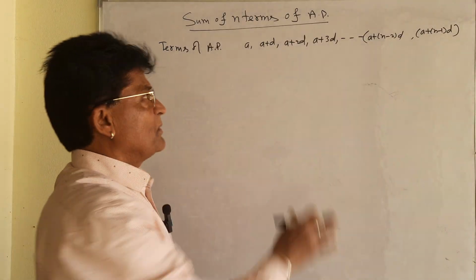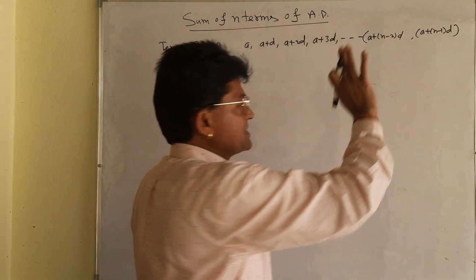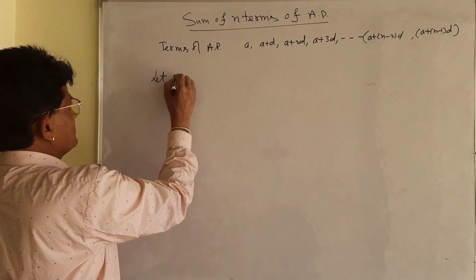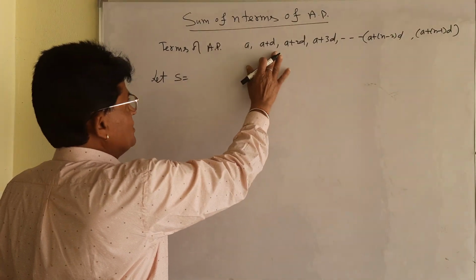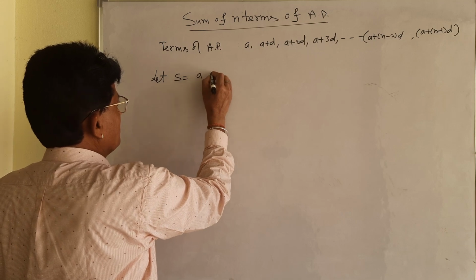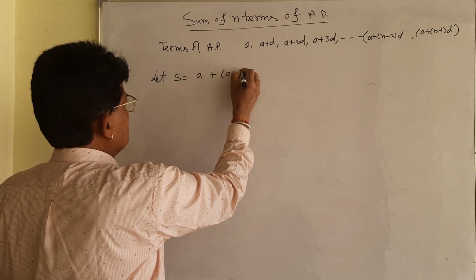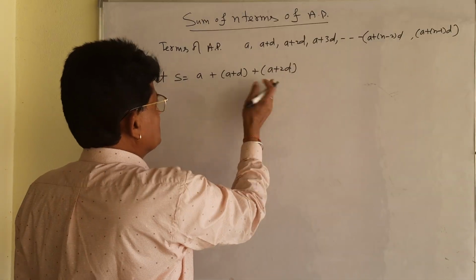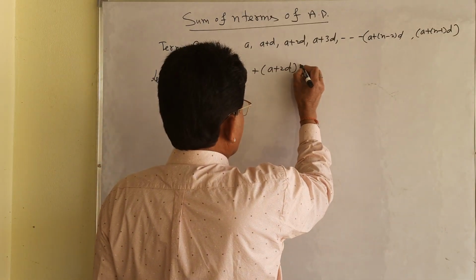And my dear students, suppose I am going to take the sum of these terms. Let it be denoted by S. Sum of these terms, only you put the positive symbol: a plus a plus d plus a plus 2d. I think these will be more than sufficient for us.